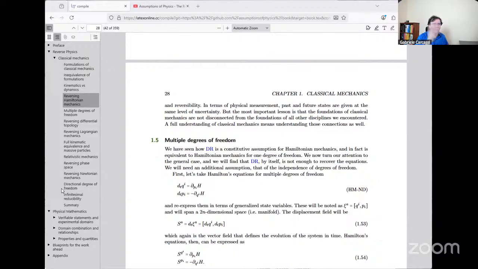For people that don't know, you can go from something divergence-less to potentials only if you have a contractible region. So if you have something like a donut, you start having problems. So that is a question of whether we can have a state space that looks like a donut.